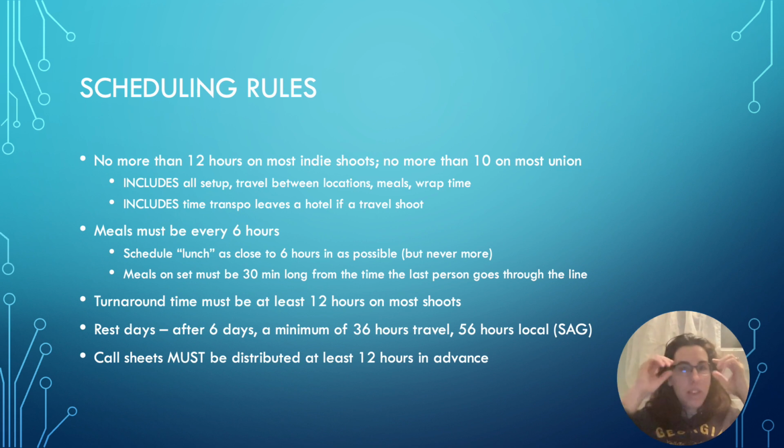I am personally far more of a fan of shooting 5 12-hour days and then taking 2 full days off and starting again than trying to push through and do 6-day weeks, because it just gets exhausting.